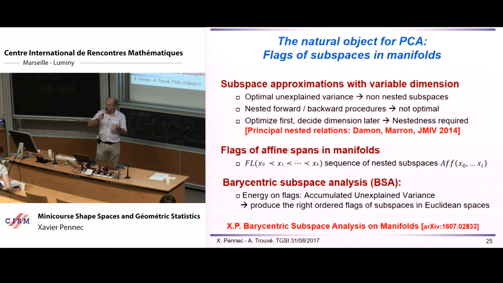With the barycentric subspaces, we can do that by adding points. But if we just do that, adding points one at a time, this is not optimal. So can we design criteria that are optimal? Well, there is at least one criterion which is doing that, and that's what I call barycentric subspace analysis.